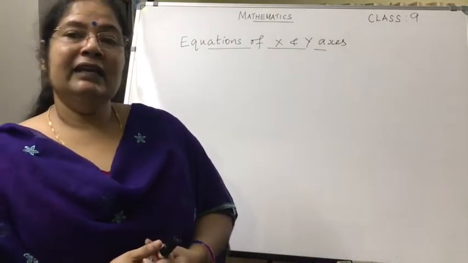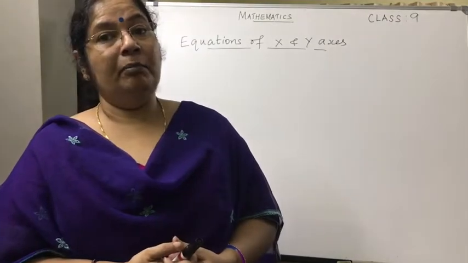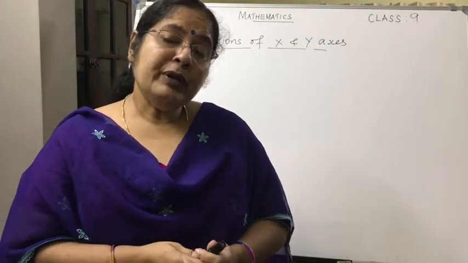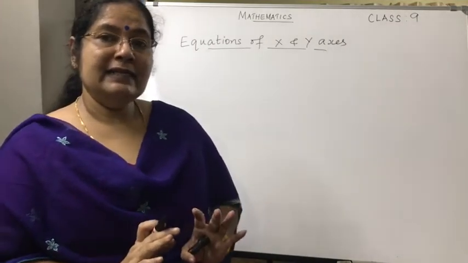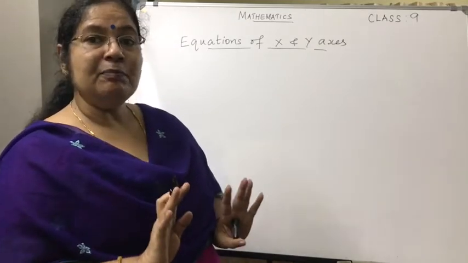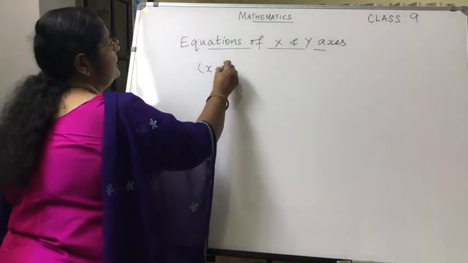Now, while dealing with coordinate geometry, we have learned about the point on x-axis and point on y-axis. How do you represent a point on x-axis? A point on x-axis means the y-coordinate will be 0 and that point is given as x comma 0.